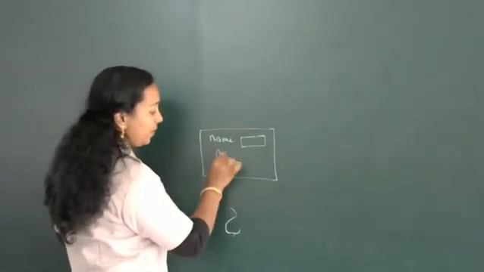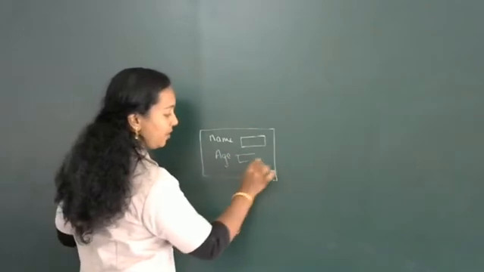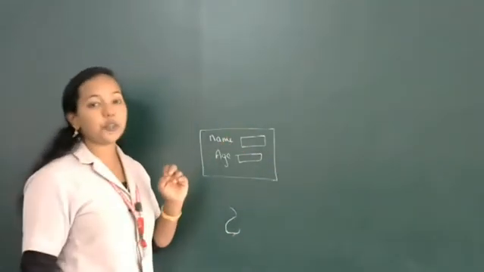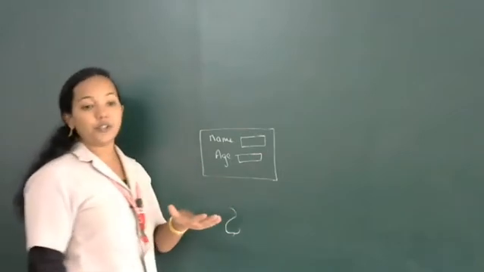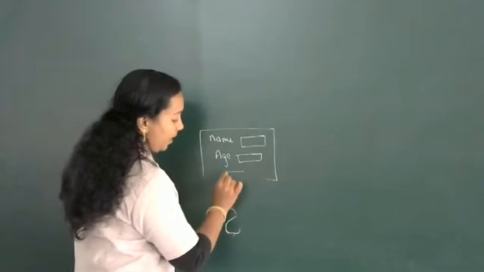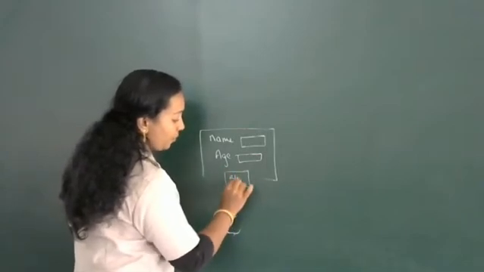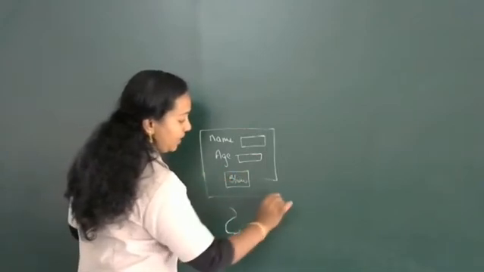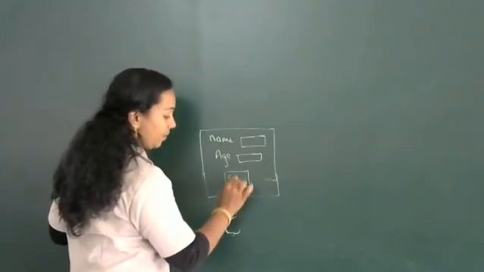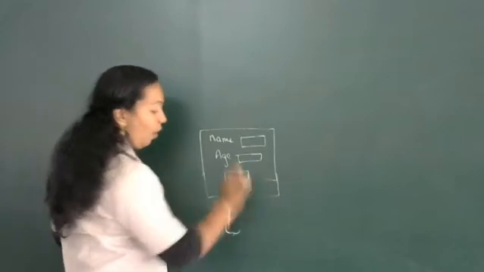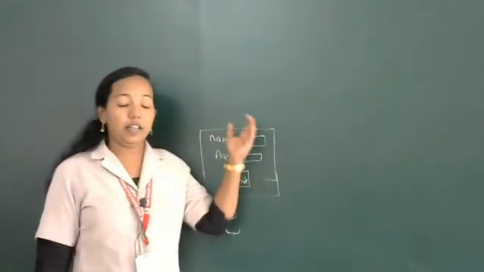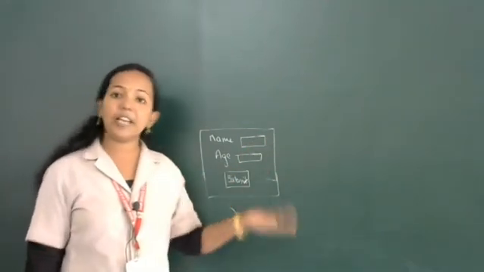After that, the age of the student. So the total number of text boxes is 2. The first text box is for name, the second text box is for age, and after that one button is also present, to show the details, show or submit. When we type the name and age, after that we can submit.